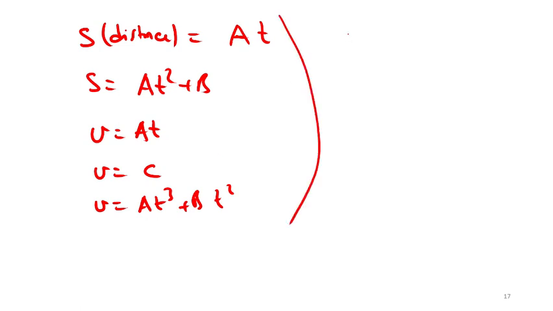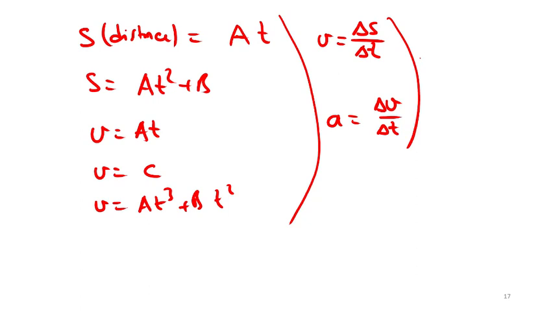But for any of these variables, we use delta s by delta t as our velocity, and then we use acceleration as the velocity change by the time. But as you will see in our next cases, we will look for a general case.